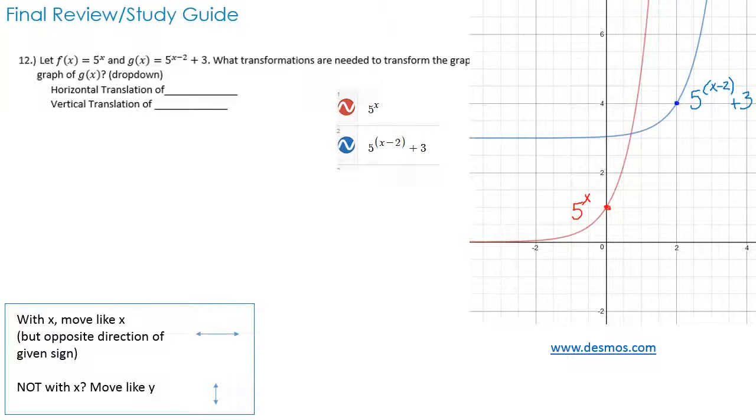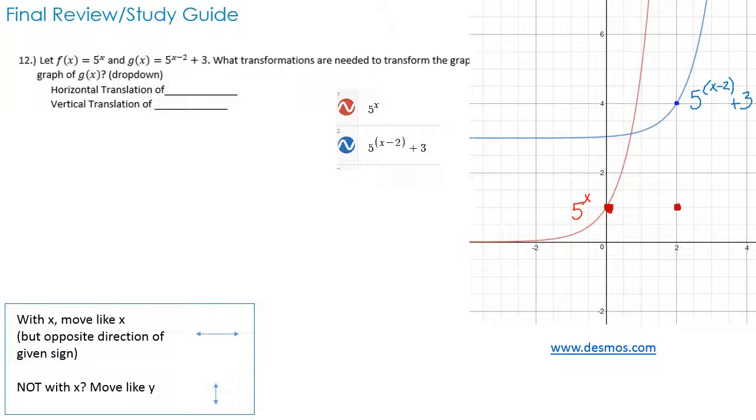So what we want to do here is, let's first look at the horizontal translation, and let's see what we had to do to get from f of x all the way to g of x. So from this starting point to over here. I know the grid has 4 little things here because it's just zoomed in a little bit extra, but if we notice, we go from 0 to 2.